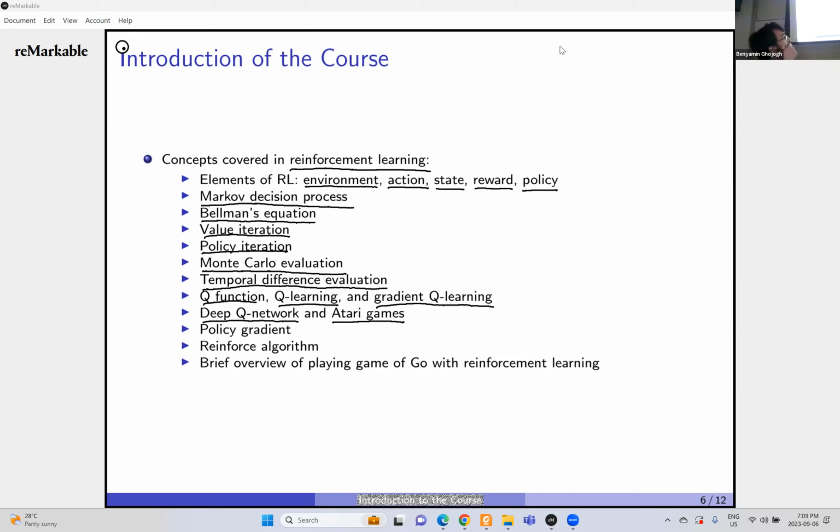It was used for solving Atari games, so playing Atari games. Policy gradient, REINFORCE algorithm, which was one of the very first algorithms in reinforcement learning, and a brief overview of playing the game of Go with reinforcement learning.